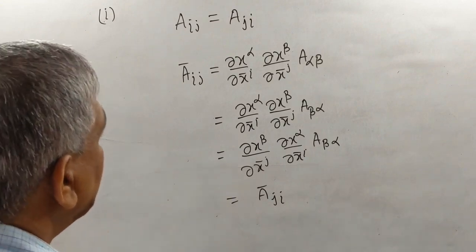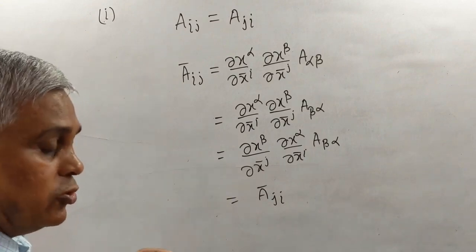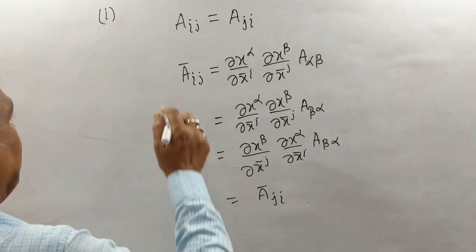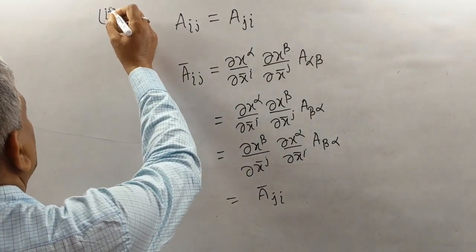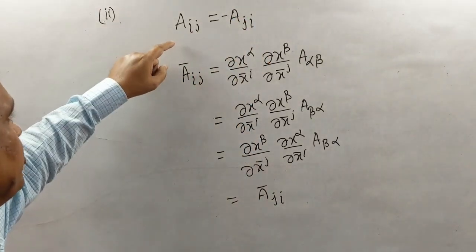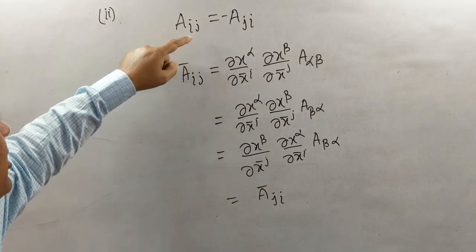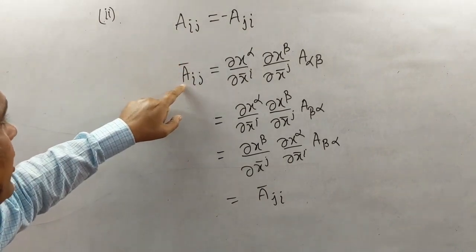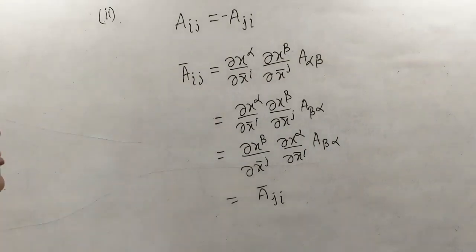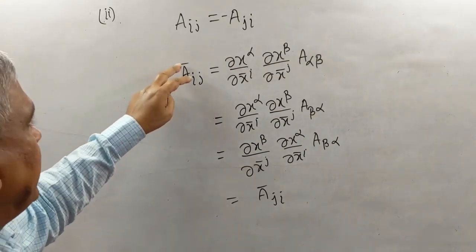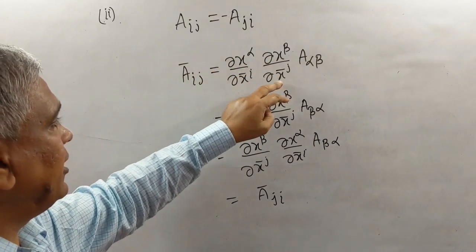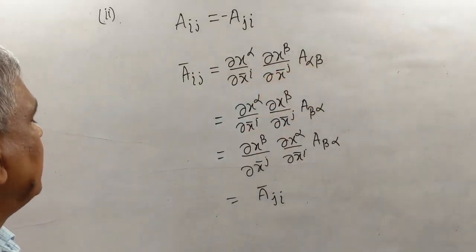Let Aij be a skew symmetric tensor of rank 2, then Aij equal to minus Aji. Corresponding value of Aij in X bar system of coordinates be A bar ij. According to the tensor law of transformation, we write A bar ij equal to del x alpha by del x bar i, del x beta by del x bar j, A alpha beta.